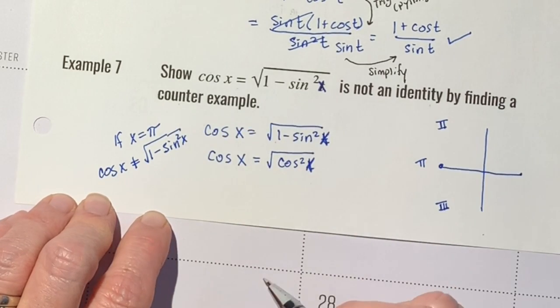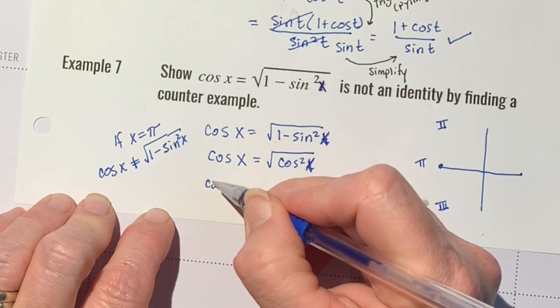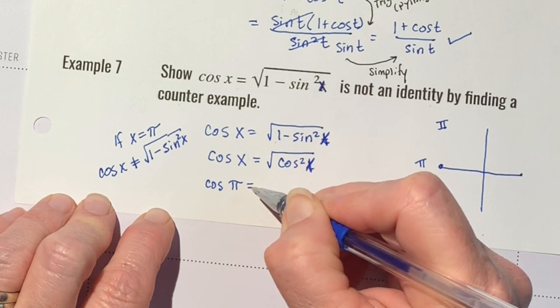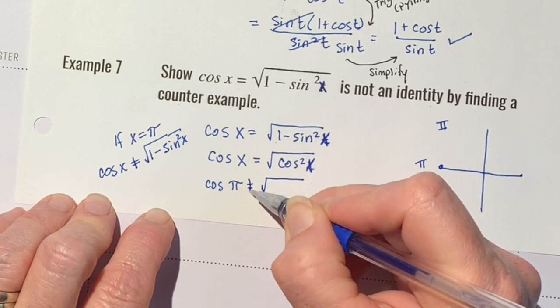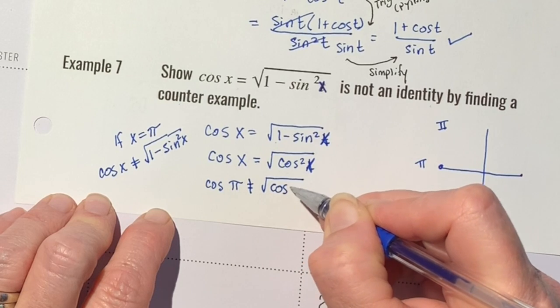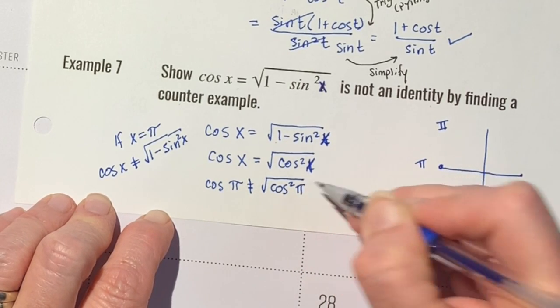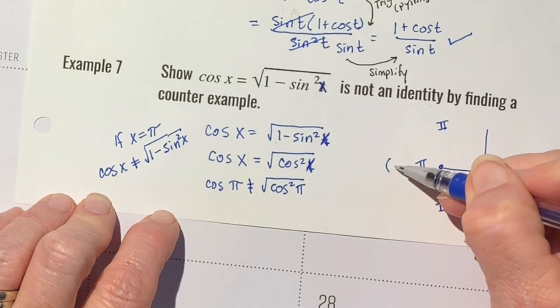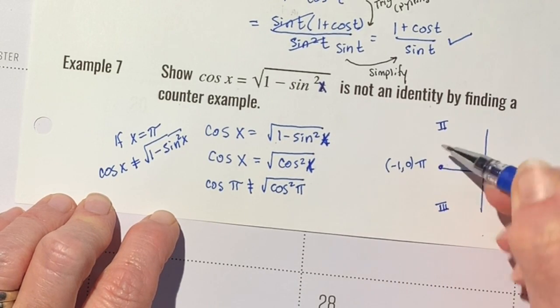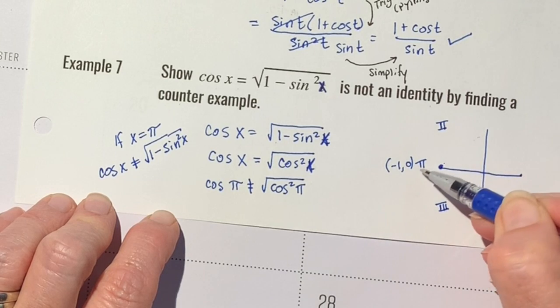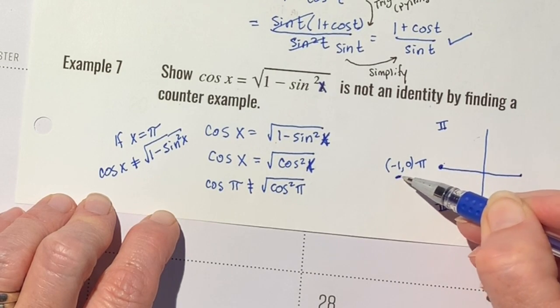Okay, let's just verify that that's true. So the cosine of pi should not be equal to the square root of cosine squared, or 1 minus sine squared, same thing, of pi. Well, remember the cosine of pi is -1, 0. Those are the coordinates of that point on the unit circle, so cosine is the x value, which is -1.